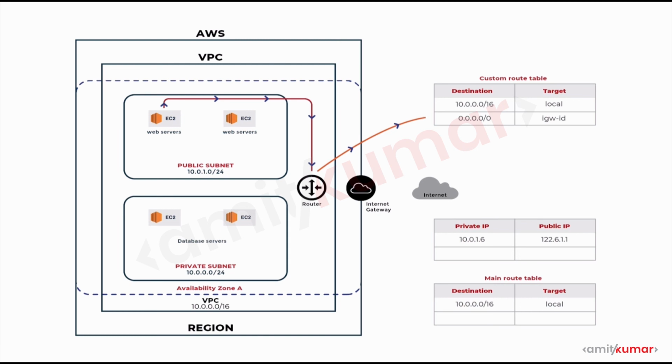And the first entry is also there. The local entry is always there. So the router now knows that if this request is for this EC2 instance to get out of the VPC into the internet, then the entry exists. It then forwards the request to Internet Gateway, and through Internet Gateway gets to the internet.